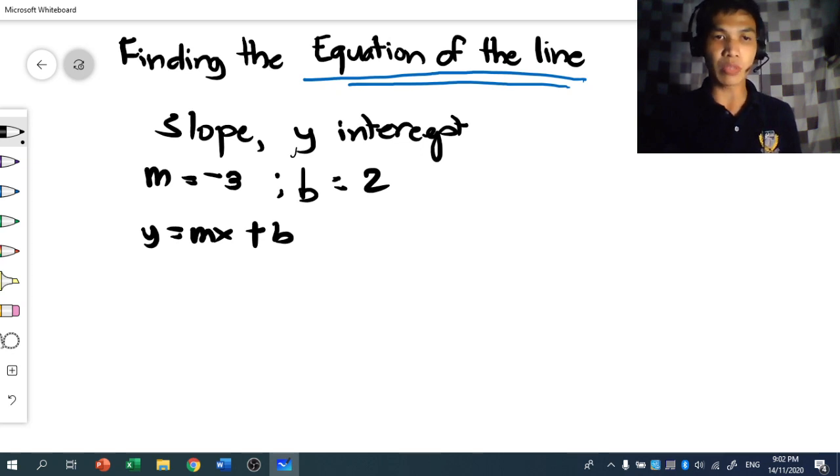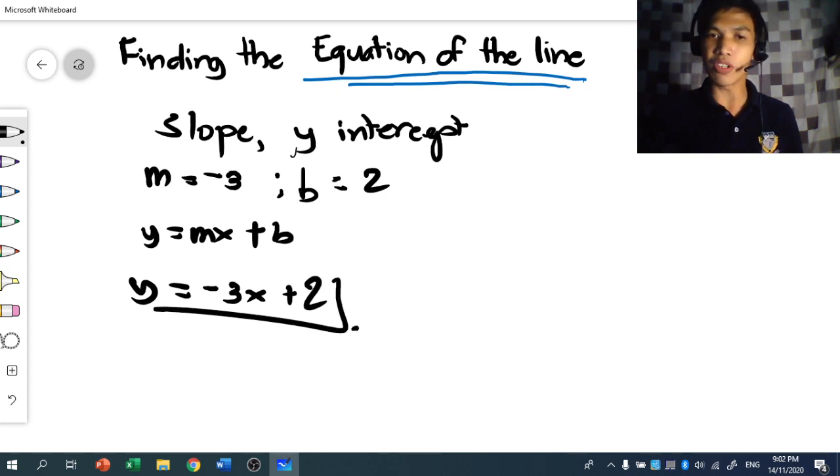So that will become y is equal to -3x plus the value of b, 2, and that is the equation of the line. That is the first scenario on how to find the equation of the line.